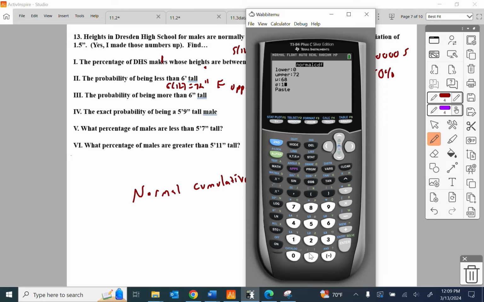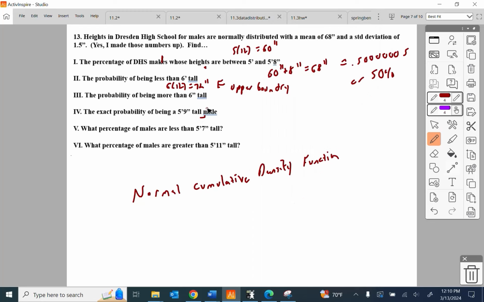The upper boundary is 72 inches, and the mean was 68. Oh, and I need to go back to the question I just did because I forgot to get sigma. Sigma is 1.5. So let me retrace. After I do this one, I'll do number 1 again. Anyways, that doesn't make a lick of sense, does it? Because I did it wrong. Being less than 6 foot tall is the upper boundary.